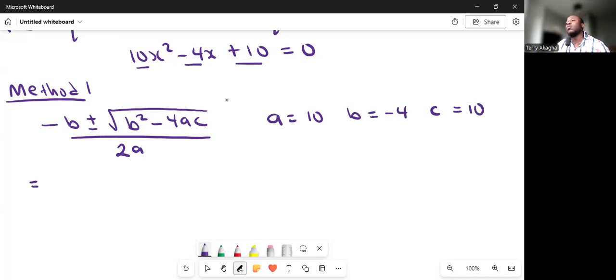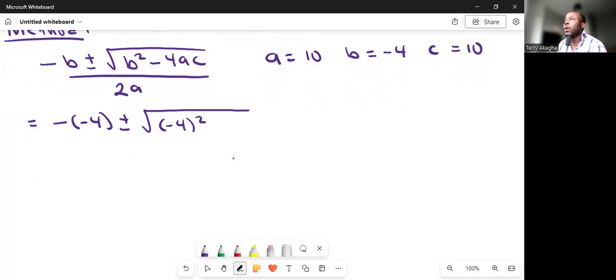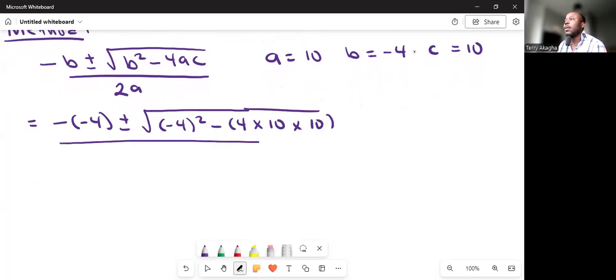So you put it here. It's going to be minus minus 4 plus or minus the square root of minus 4 squared minus 4 times 10 times 10, all divided by 2 times 10.